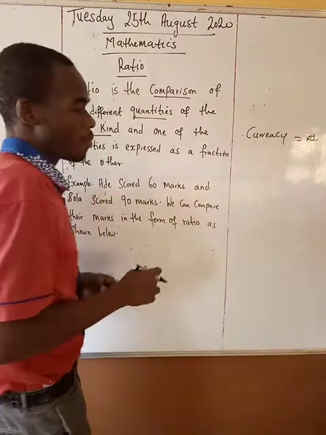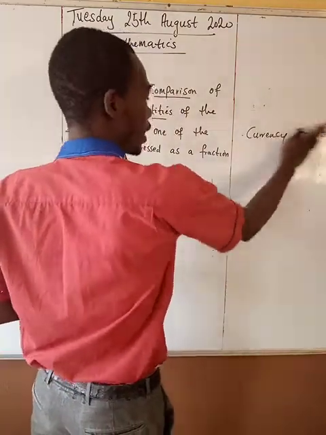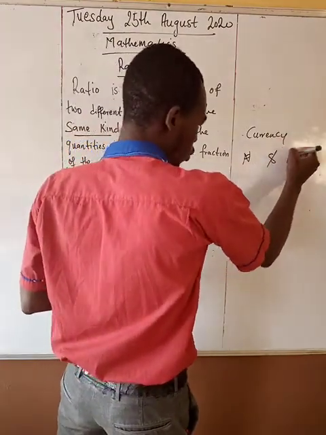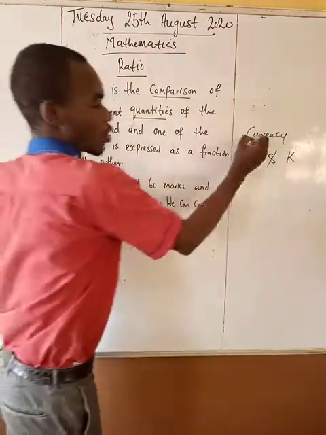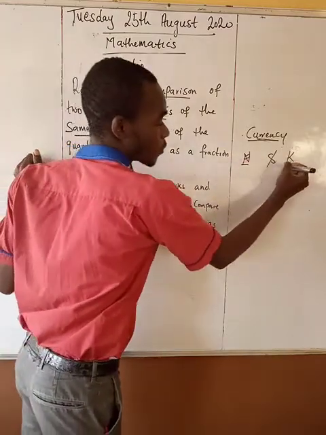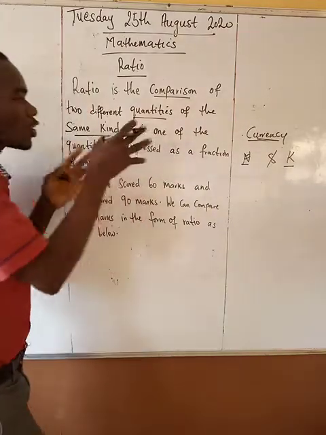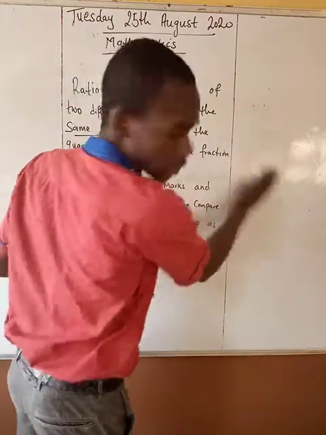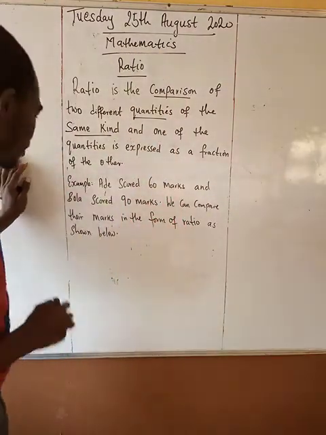Our currency in Nigeria is naira and kobo. Same kind, currency, different quantities, naira and kobo. So when we talk about ratio, it is just trying to compare two different things that are of the same what? Kind.